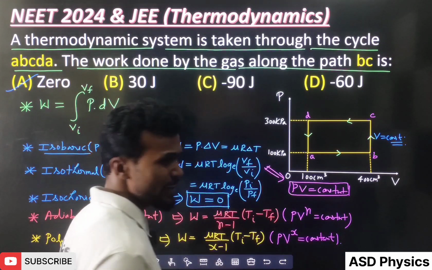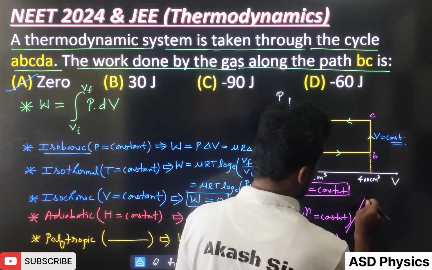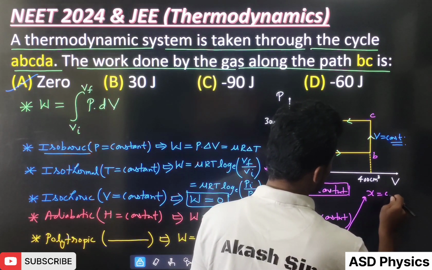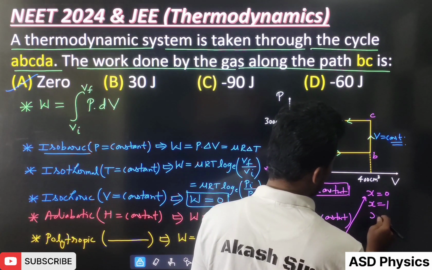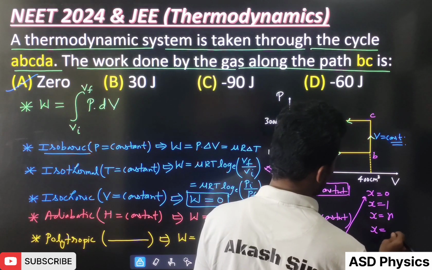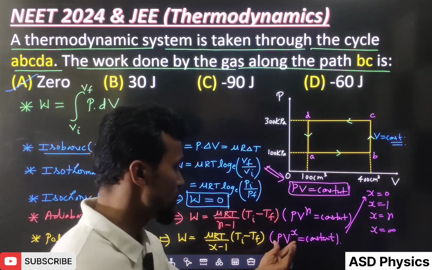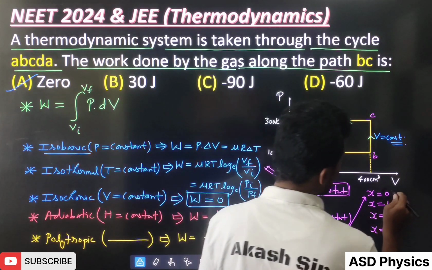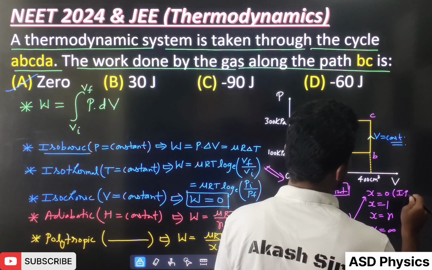And if I go a little bit more in detail, see here some values are there. x equal to 0, x equal to 1, x equal to gamma, x equal to infinity. Now you think when x equal to 0, pressure constant, that means this is isobaric process.